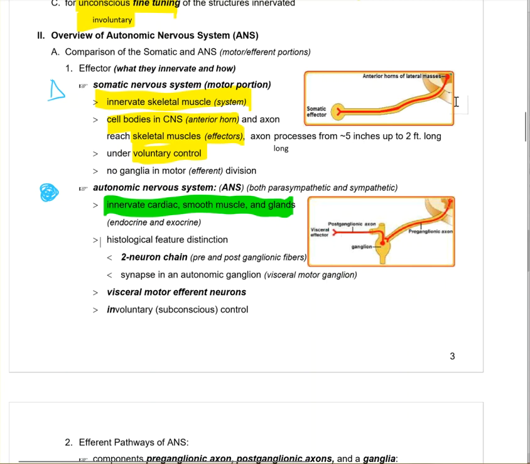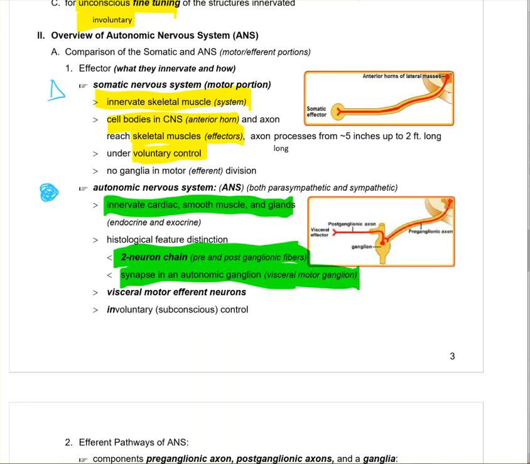So in the somatic system, we only have one, there's no ganglia. In this one, we have two, and we have a synapse in the ganglia. We call the one in front preganglionic, and the one behind it postganglionic. And there is a synapse in that autonomic ganglion.